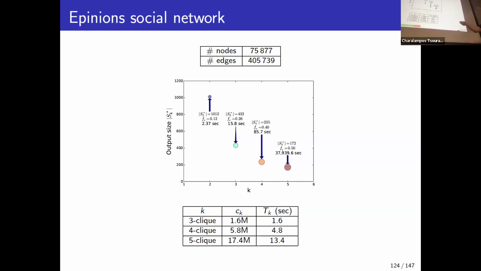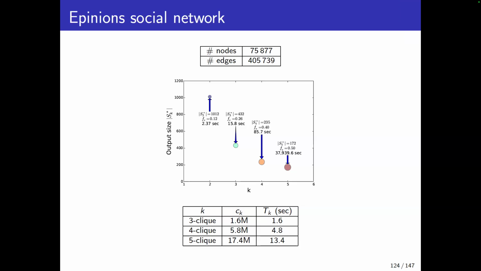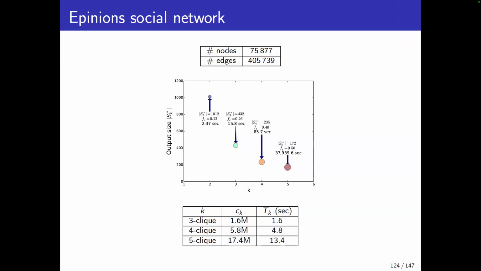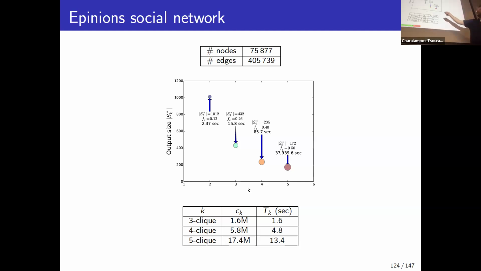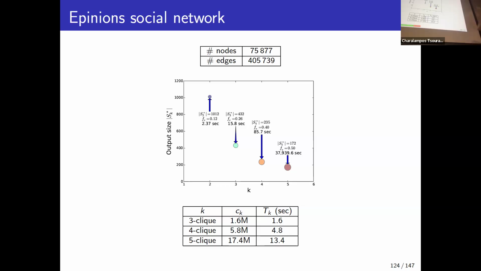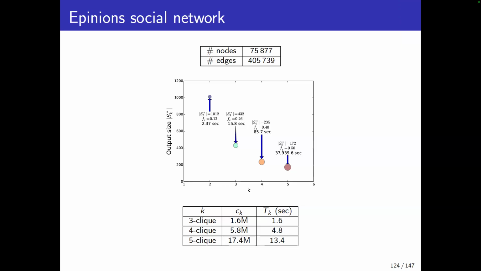For example, when I solve the densest subgraph problem, I find that the optimal set has roughly 1,000 nodes. And for each one of those solutions, I scale the dot proportionally to the edge ratio. So this set of nodes has edge ratio 0.12. What do you observe? As you increase k, the output size drops and the edge ratio goes up. It goes up to 0.5.